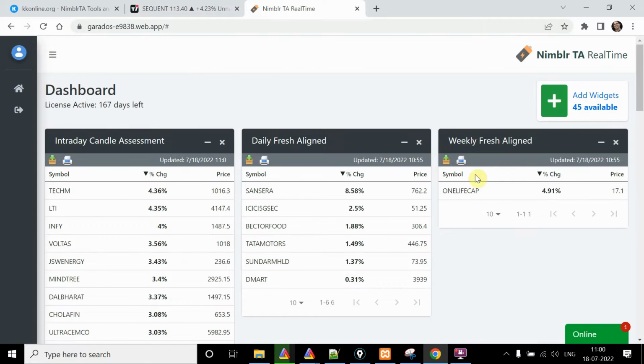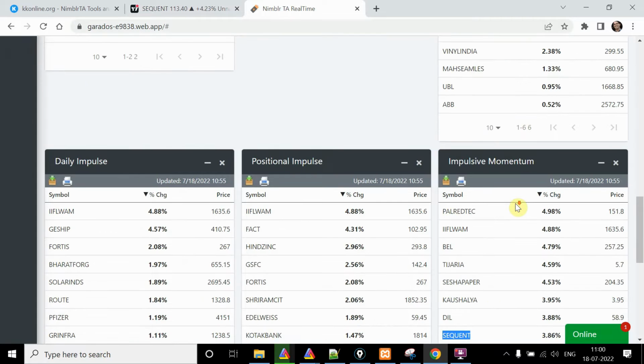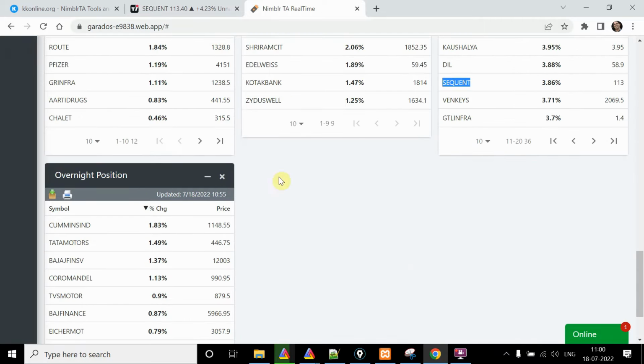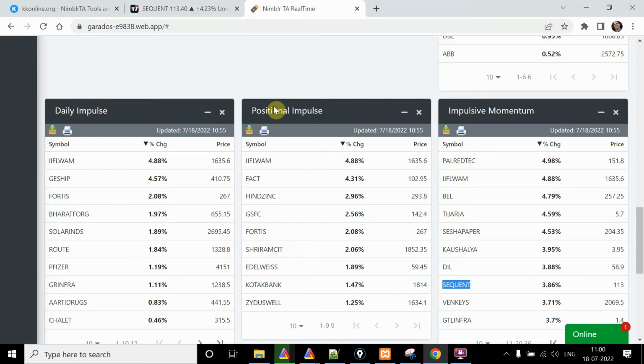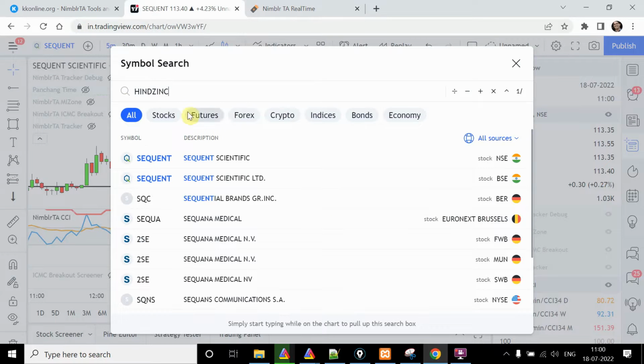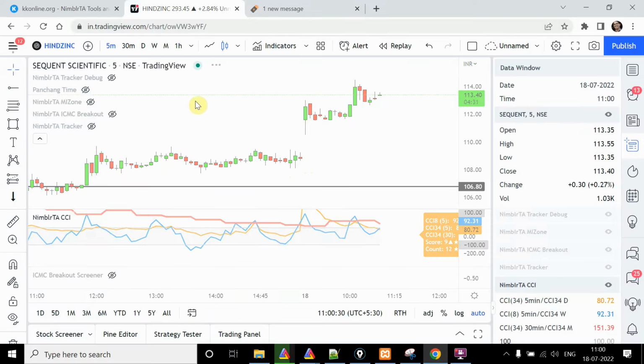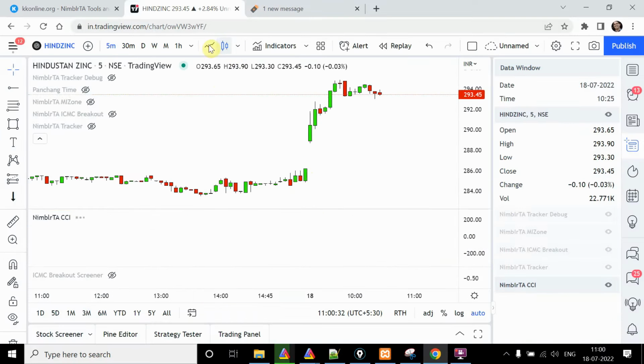Similarly, we have other widgets. If we see more on this, we would have overnight positions. We talked about positional impulse. So these are some stocks which are positional in nature and they are already giving an impulse. Momentum might not happen in them, but they are qualifying for the impulse criteria at this moment.